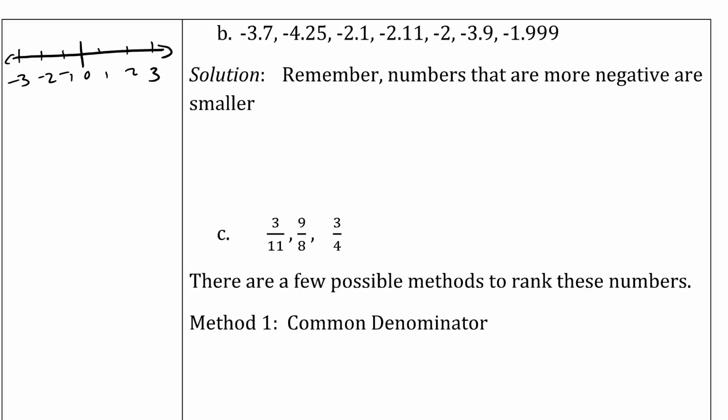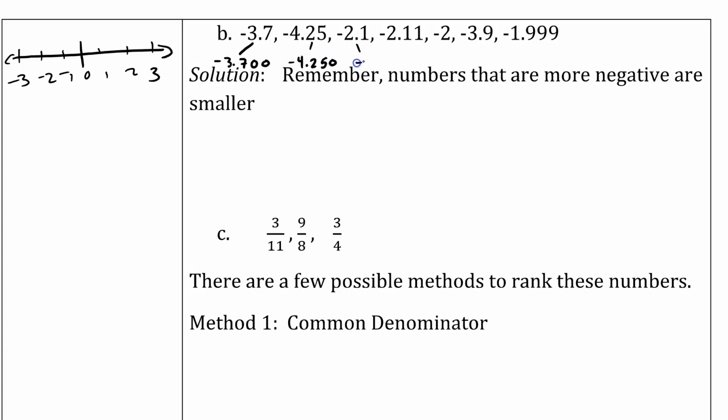I'm going to do the same thing as I did with the other question. My biggest number of decimal places is 3, so I'm going to make them all 3 decimal places so that the decimals are easier to compare. So this is -3.700. This one is -4.250.